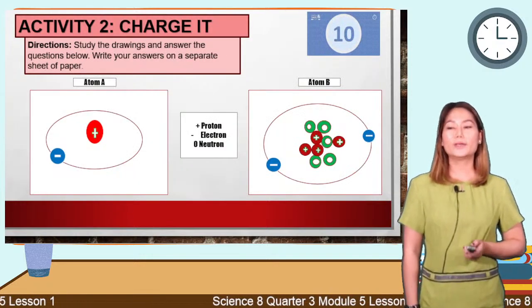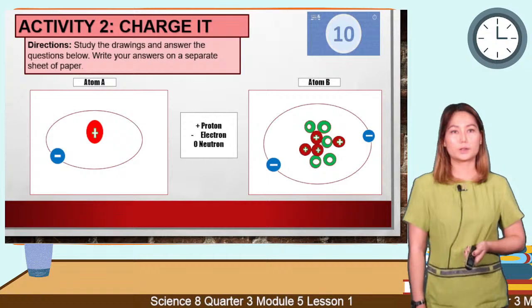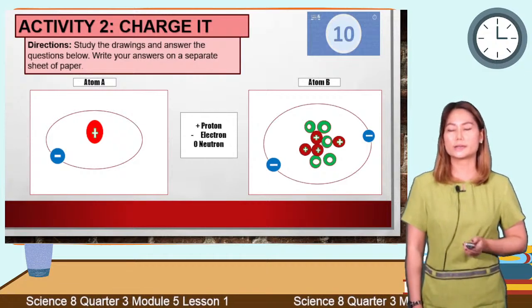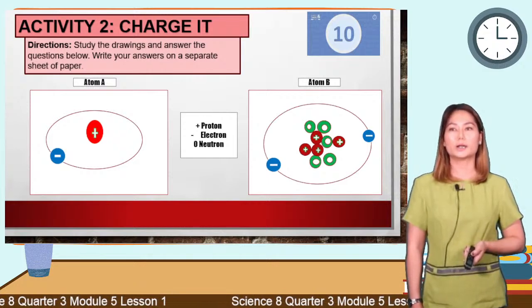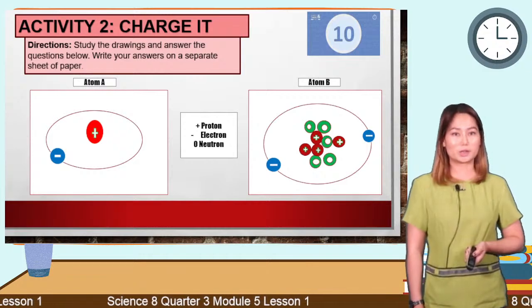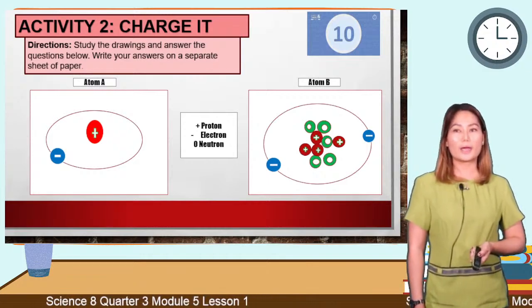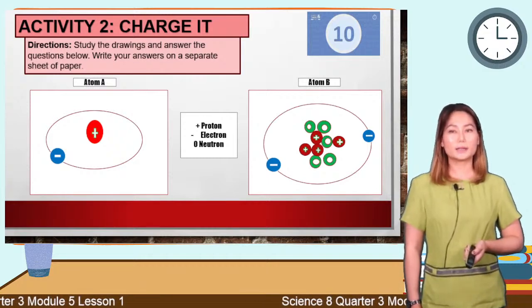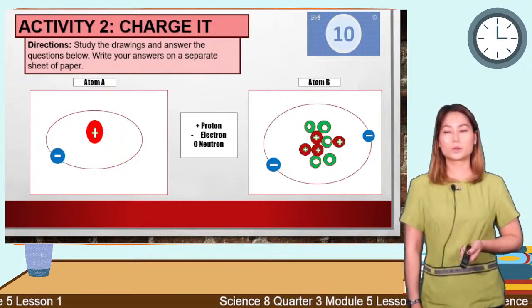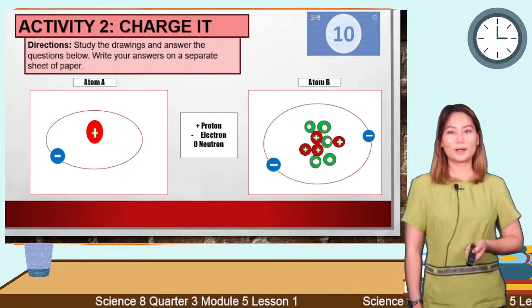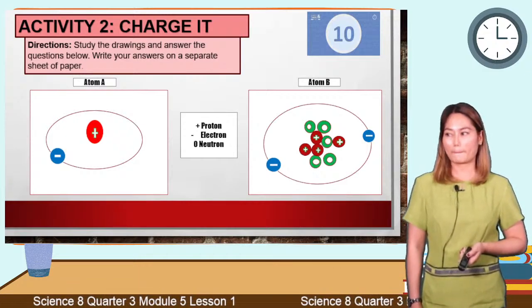Alright, moving on to your Activity number 2: Charge It. All you have to do, learners, is to study the drawings and answer the questions below. Write your answers on a separate sheet of paper. So we have atom A and atom B. I'll give you 10 seconds to study the drawings. Are you ready? Timer starts now.